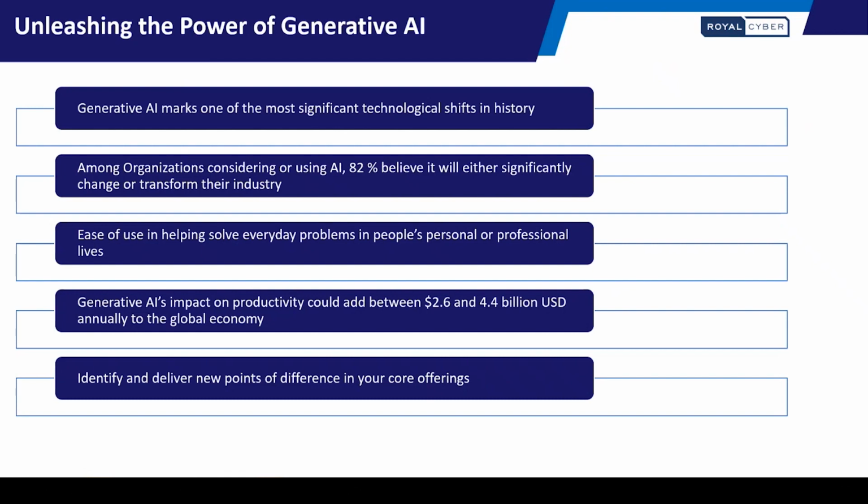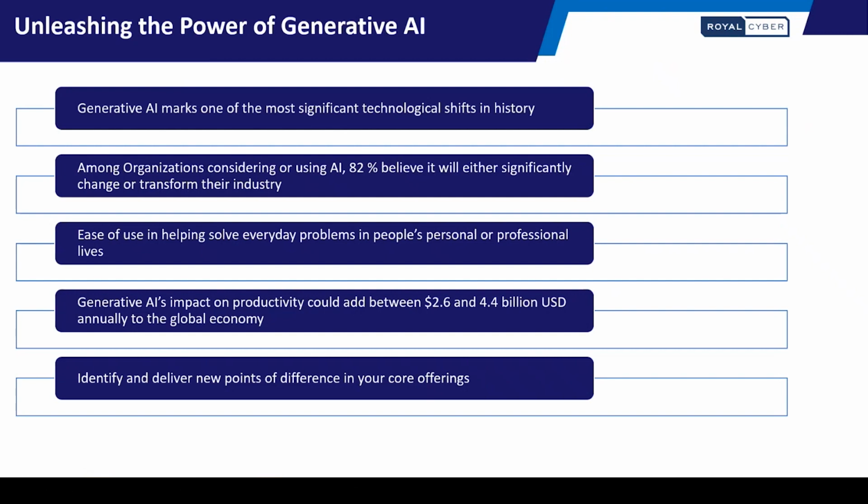According to Google Cloud AI Benchmarking 2023 study, among organizations considering or using AI, 82% believe it will either significantly change or transform their industry. What makes generative AI different from other forms of AI that have come before is its ease of use in helping solve everyday problems in people's personal or professional lives.